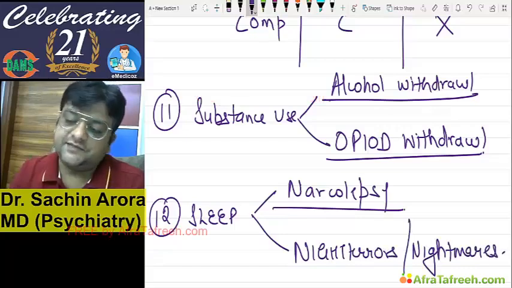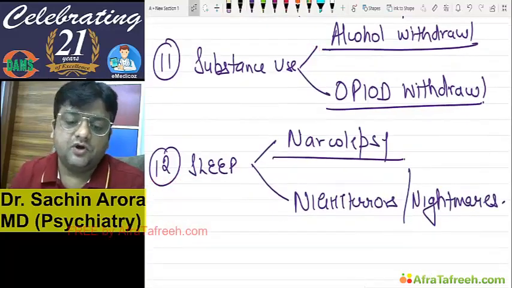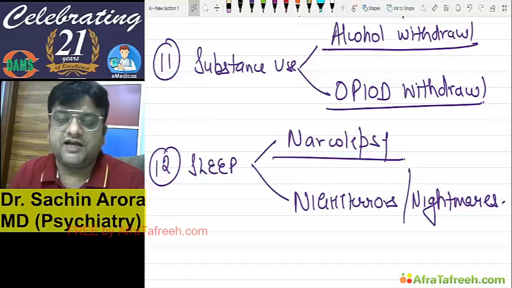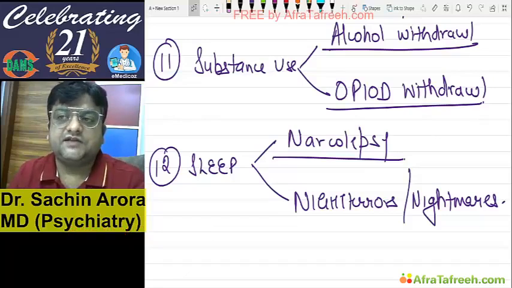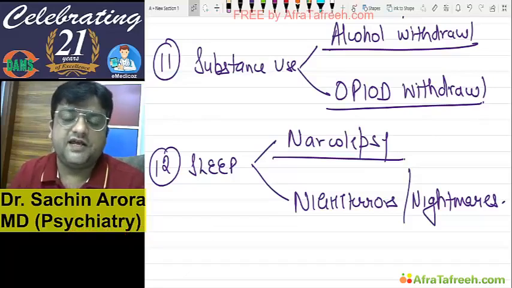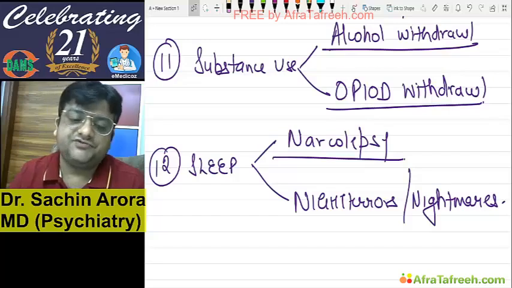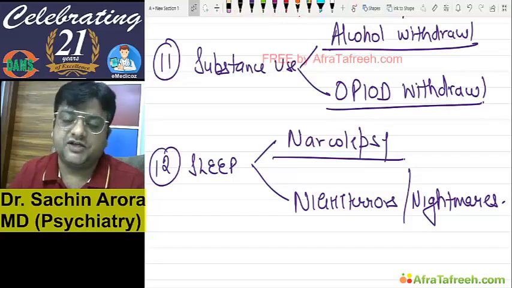A girl wakes up in the middle of the night with a scream. On waking up, she is confused and disoriented. Night terror. A girl wakes up at 4 a.m. in the morning. On waking up, she says she was having a dreadful dream in which somebody was trying to kidnap her. Nightmare.